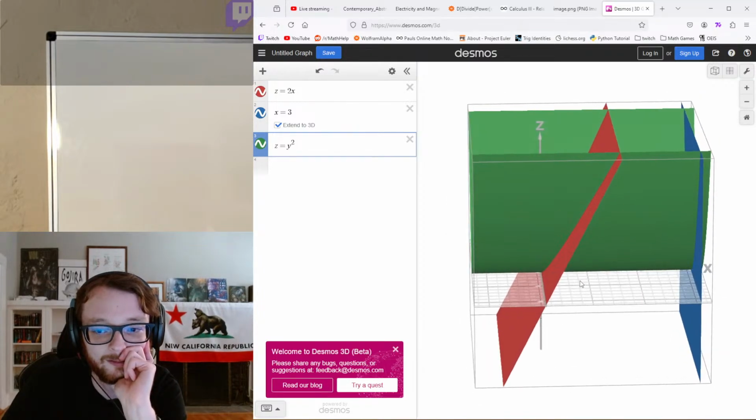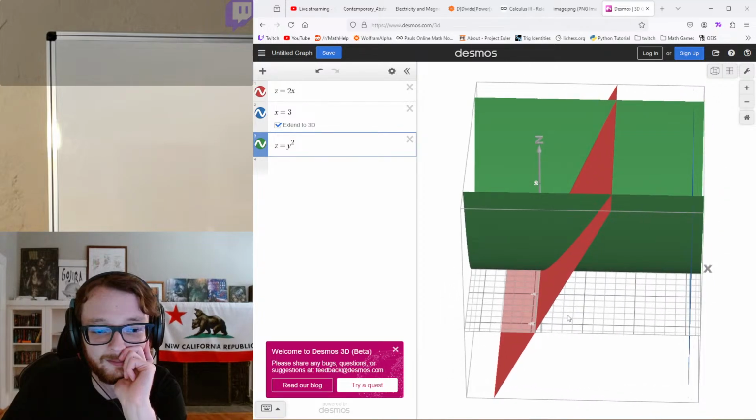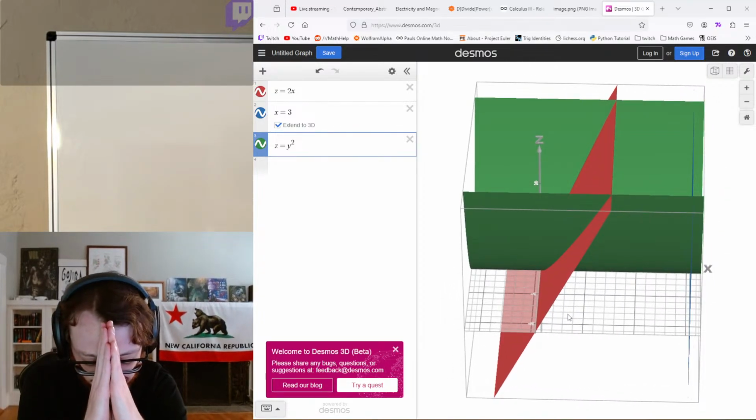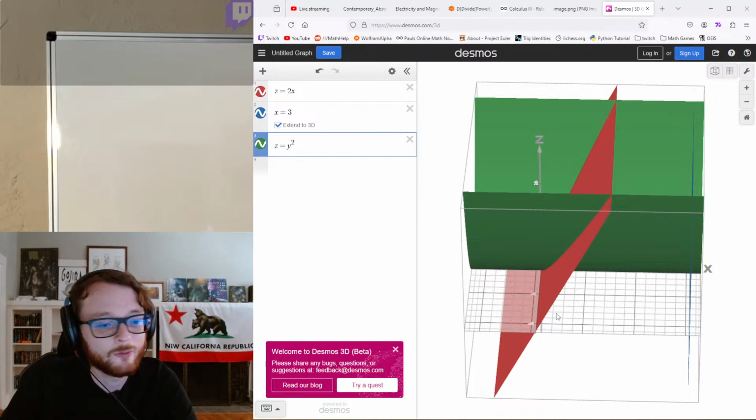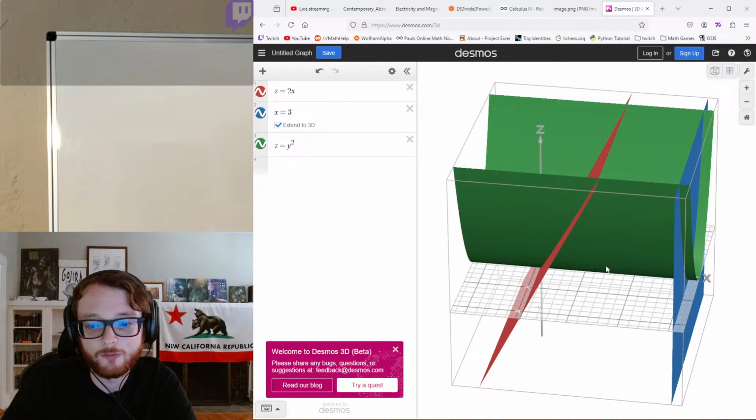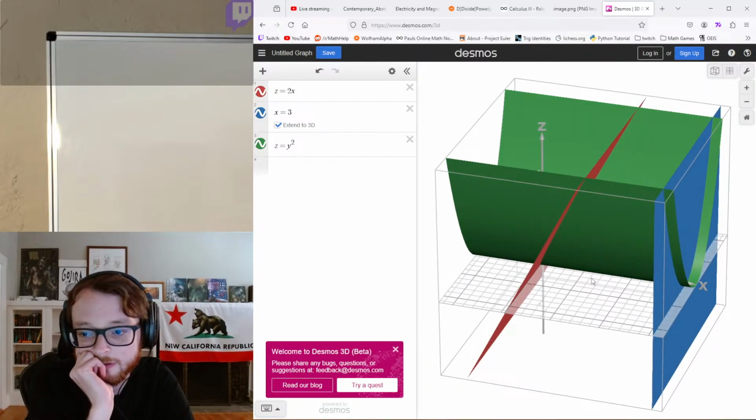No. So I think what I want to say is that I would typically do this by looking at level curves along one of the xy, yz, or xz planes, but this one beats that as far as I can figure.